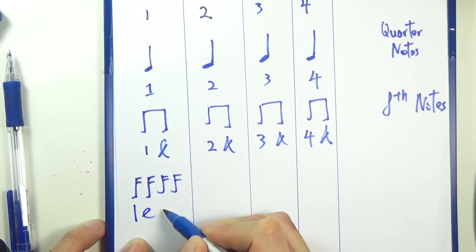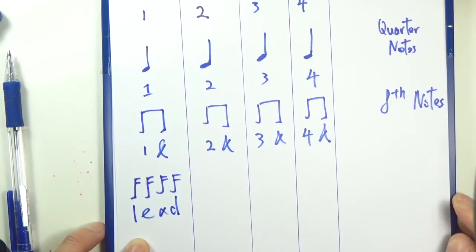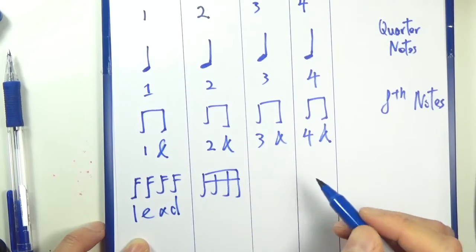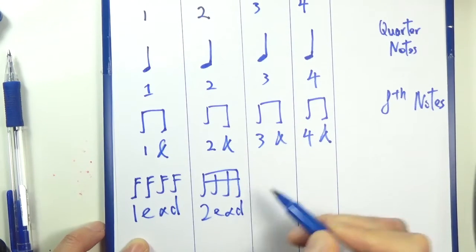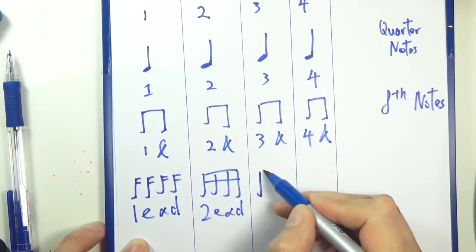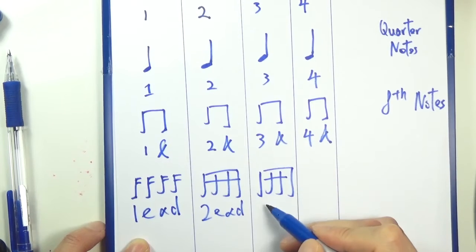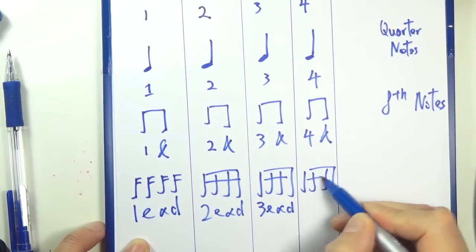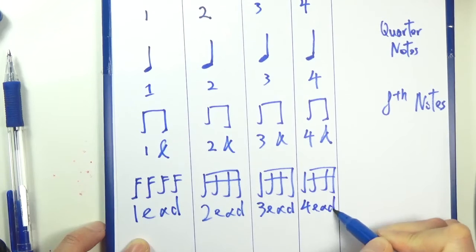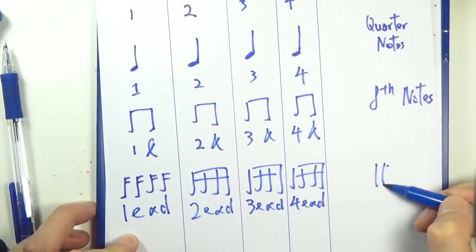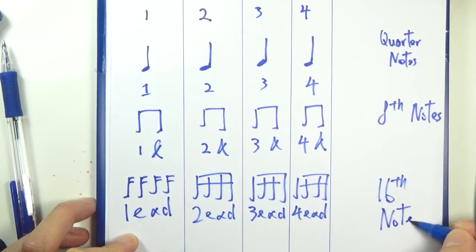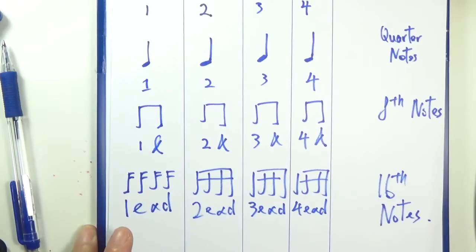And that would be 1 E and F. And for the second beat, I'm just going to connect them like that. 2 E and F. Alright, and that's our 16th notes. I'm running out of ink here. Alright.